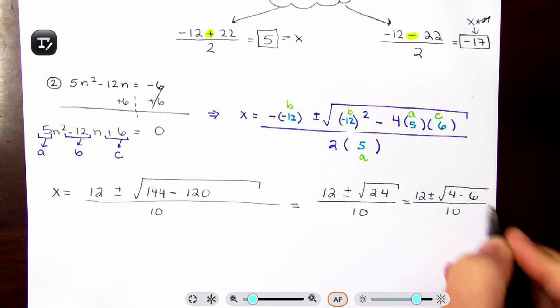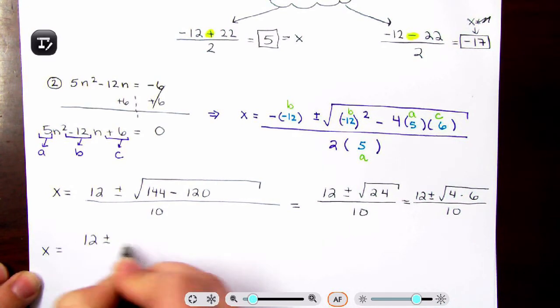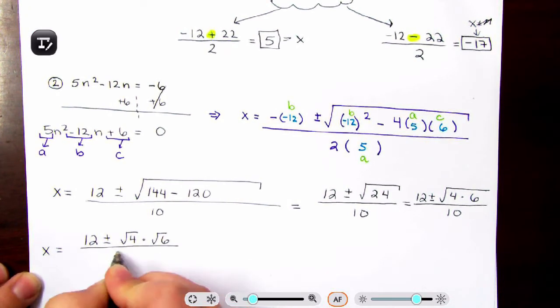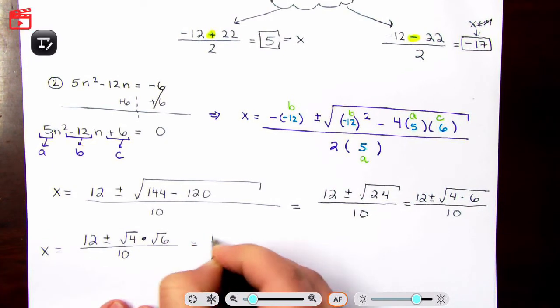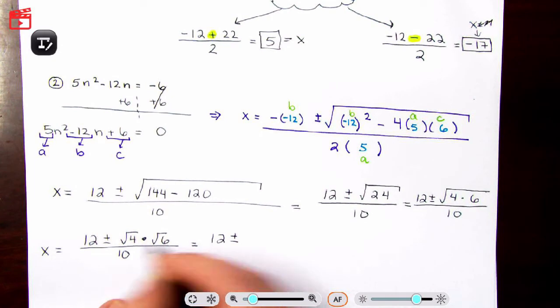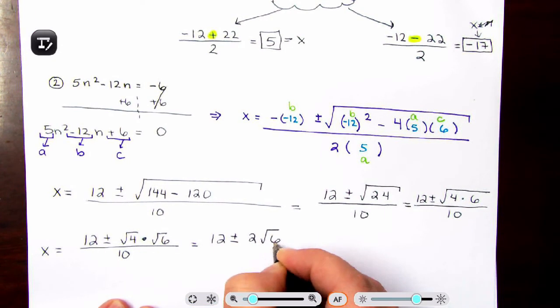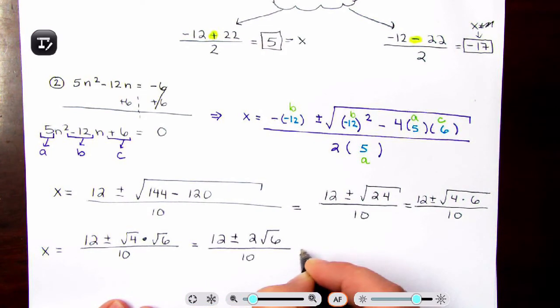So that means I can rewrite it as the square root of 4 times the square root of 6. Again, we can do this because of multiplication. So 12 plus or minus, what's the square root of 4? 2. Square root of 6, you can't simplify it, so we have just leftover square root of 6.